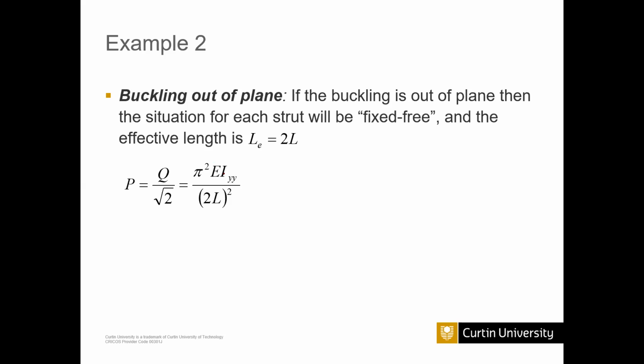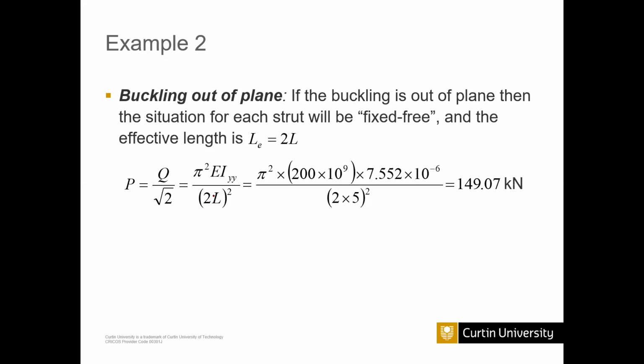Here you can see EIyy and (2L) squared. For the effective length you should substitute 2L. Likewise, substitute and you will get the values. This is the load with buckling out of plane, the Qyy value. This is the maximum value it can reach, the Qyy value.